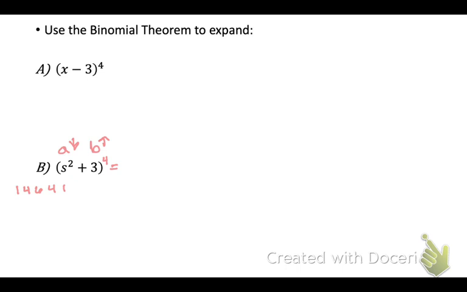Okay, so 1 times s squared to the 4th times 3 to the 0. We always start at 0, and go up. Got it? Rule of thumb is always put everything that you're going to do in parentheses because then you won't forget to put them in. Does that make sense?